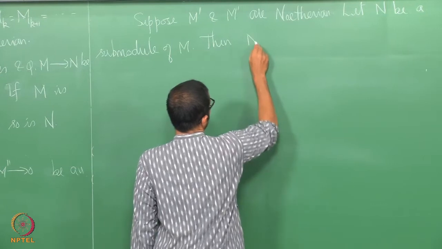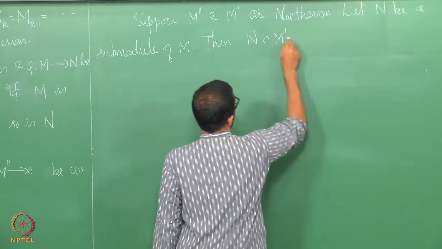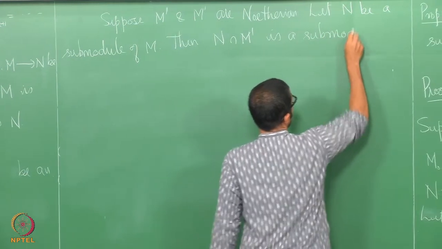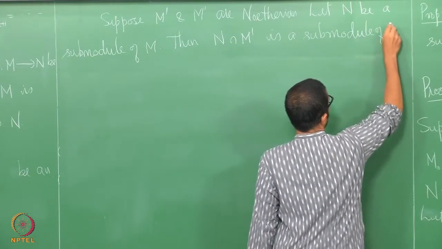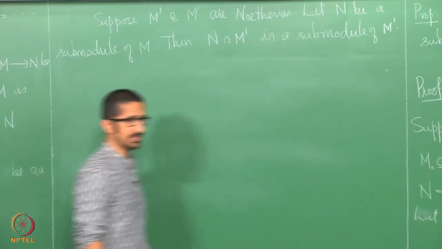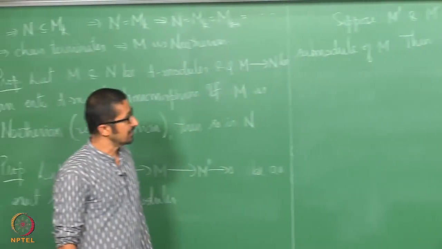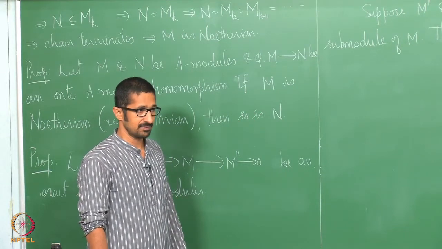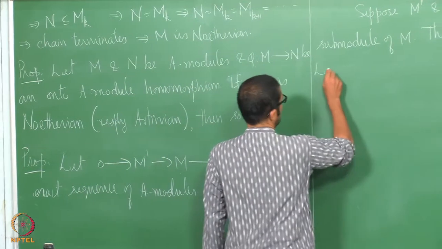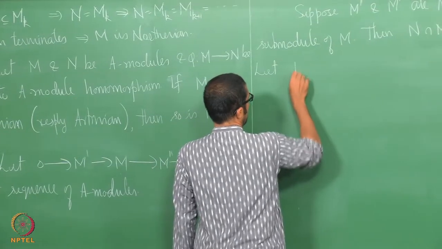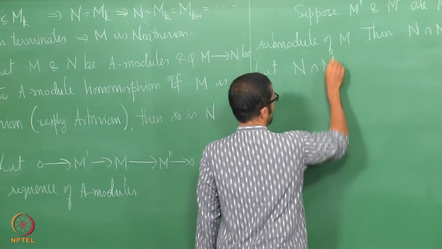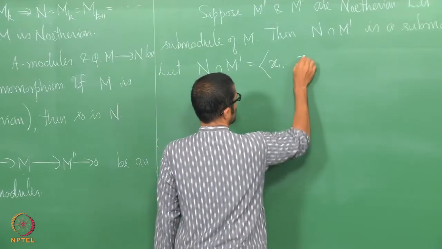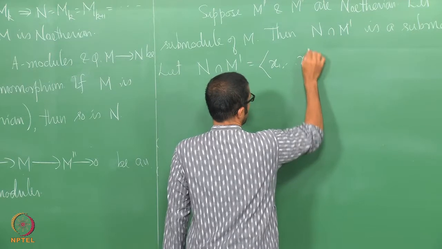Then N intersection M' is a submodule of M'. But M' is Noetherian, therefore this is finitely generated. Let N intersection M' be generated by x1 up to xr.